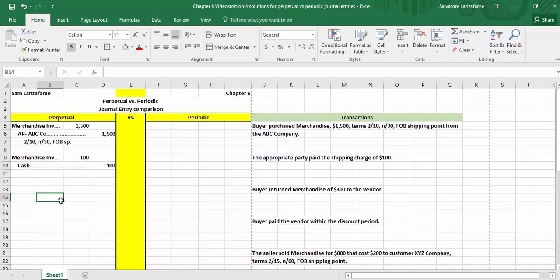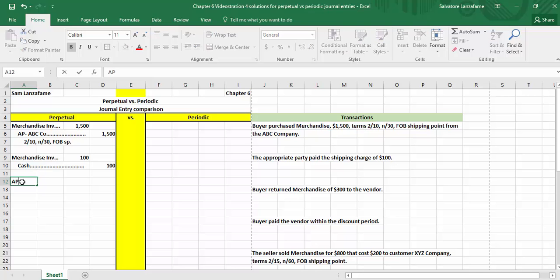Okay, the next transaction says the buyer returned merchandise of $300 to the vendor. So we were dissatisfied with what we got. Maybe it was the wrong color, maybe it was the wrong size, maybe things were broken when we received them, or maybe we just changed our minds. So now, whenever you return something, you do the opposite of when you acquired it. So look at that first entry where we debited merchandise inventory and credited AP. We're basically going to flip that.